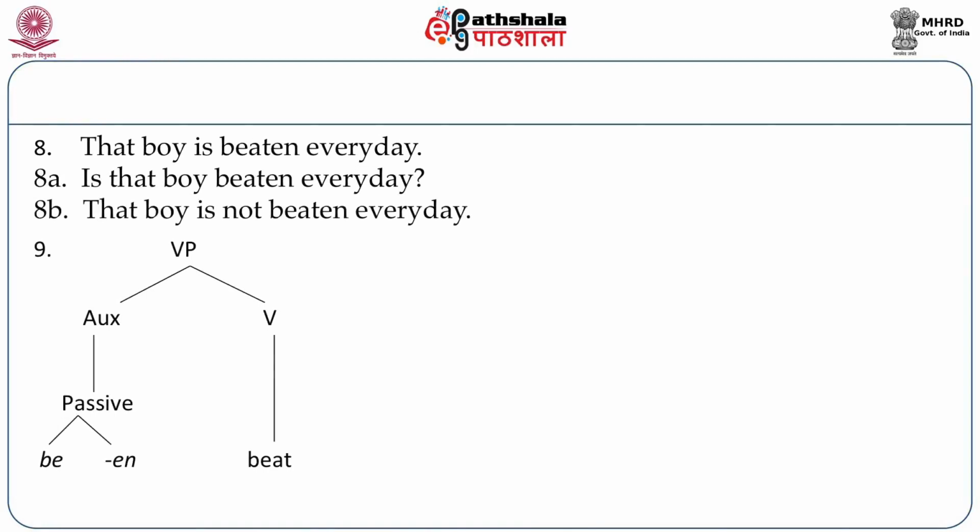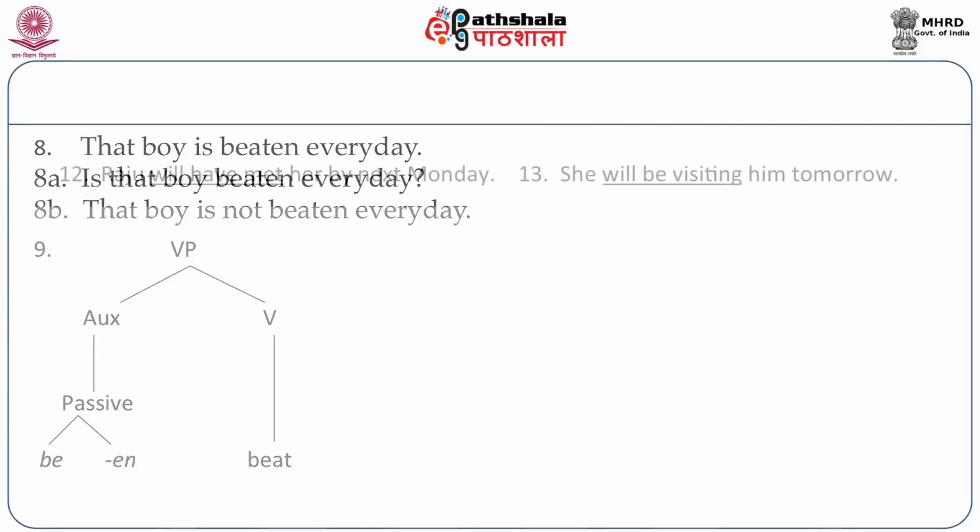And here we say that the passive actually consists of, again, the be verb, which is an auxiliary, and the suffix here is en. So en is again attached to the verb beat, and that is how we get is beaten. As you know, the be verb can be realized as is or are or am, depending on the subject, if the subject is first person or second person or third person, or is it singular or plural.